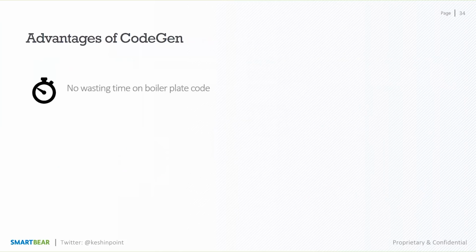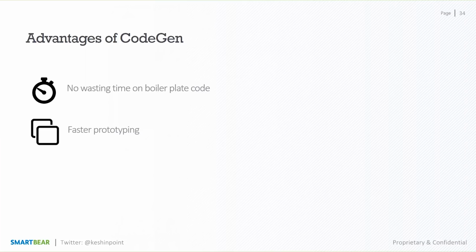So the advantages of Swagger CodeGen, or just code generation from the definition, is no wasting time on boilerplate code. Once you have the definition in place, from the definition itself, you can auto-generate the server stubs or the client SDKs. Let's just get straight to the point. Let's focus on the value of the API and not spend time on manually configuring that API's routing.